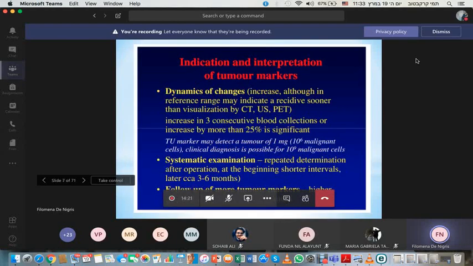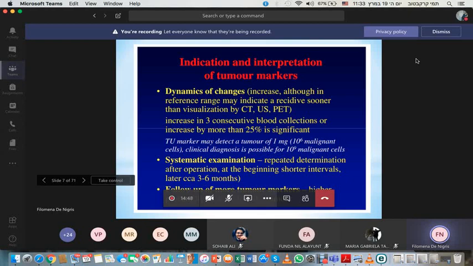Another important point is that the marker is released in the blood with dynamic change. This dynamic change is related to the grade of disease, and to whether the patient has already had a specific treatment or not.